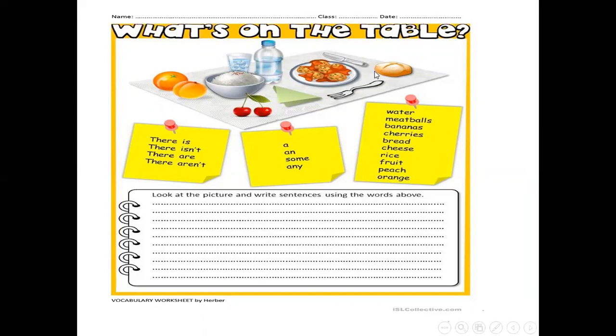For example, what is on the table? What do you see on the table? You will form sentences by using there is, there isn't, there are, there aren't. Again, I use there is with a singular or uncountable noun.